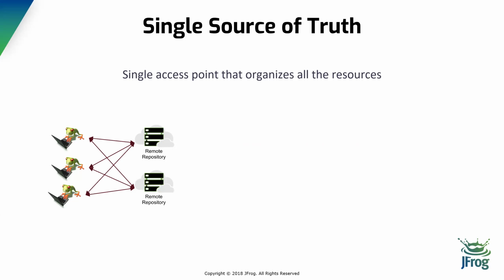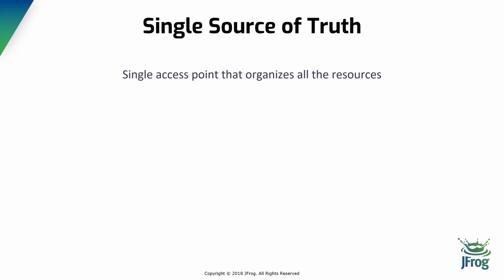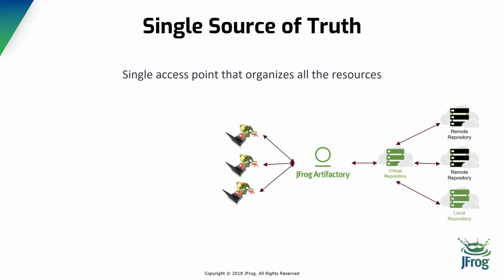If your colleague wants to get the same library, the same NuGet package, they will have to connect again to the NuGet gallery and download it locally. When you use Artifactory, you will use it as a single source of truth, and basically it will act as a proxy or cache.